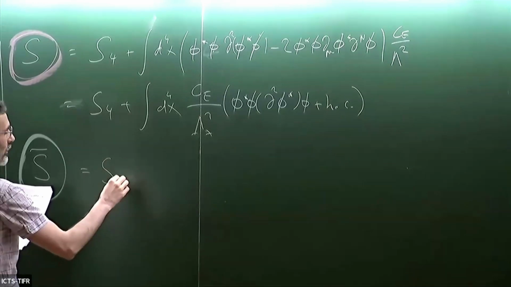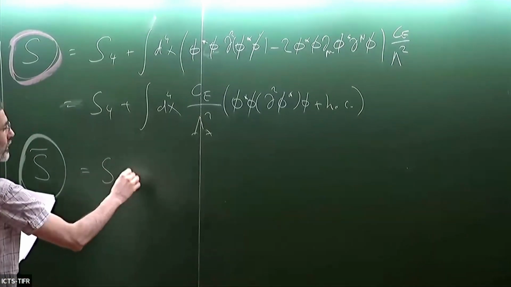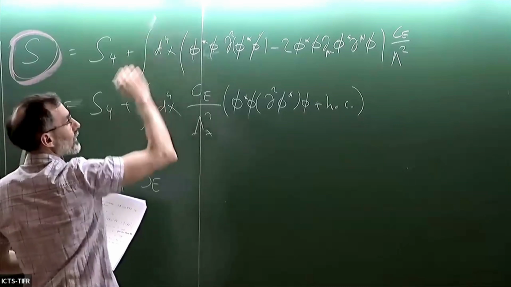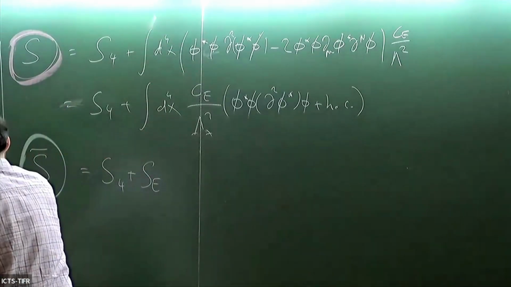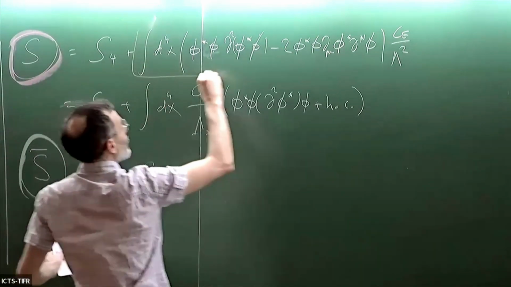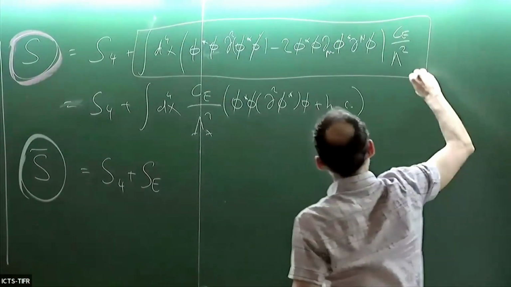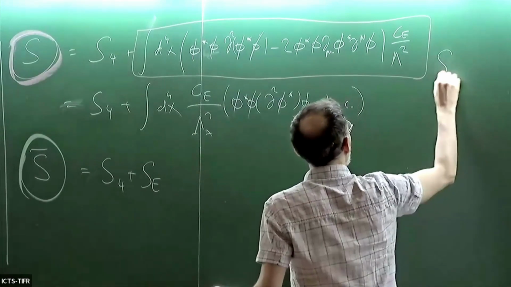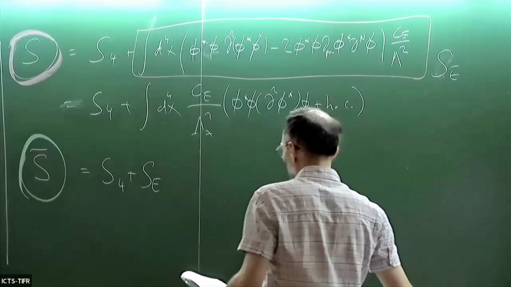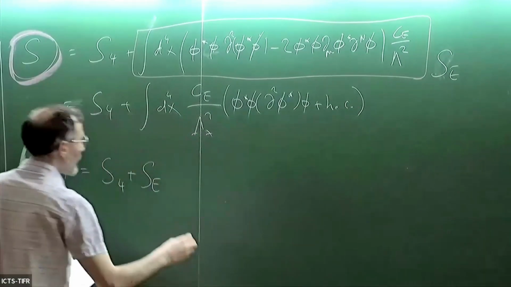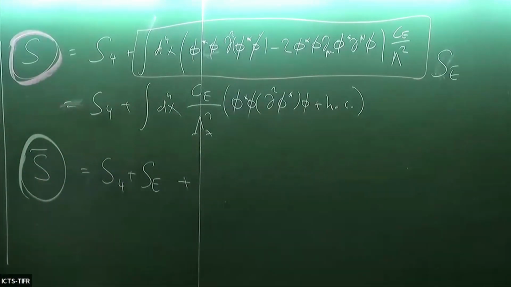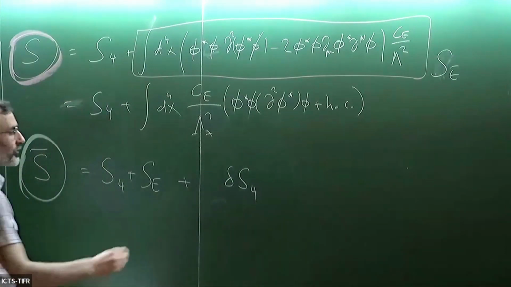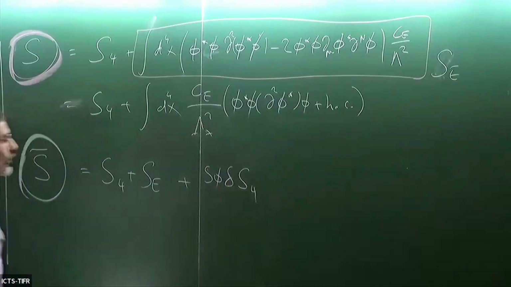So first, the things as they were. This term in the action I'll call SE. And then the first variation of the action with respect to the field, the renormalizable one, times the variation of the field.